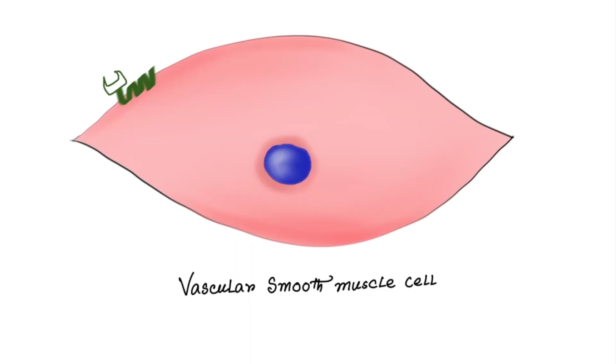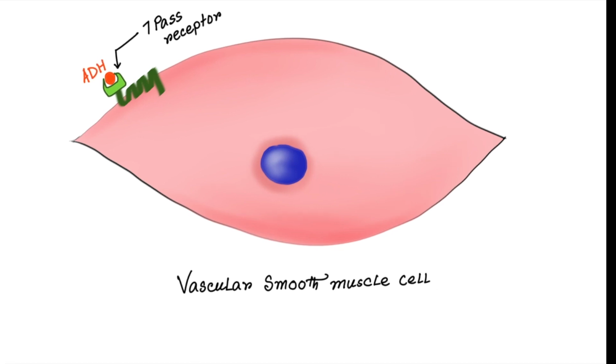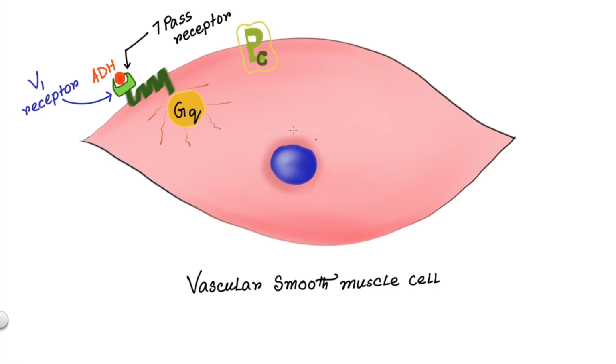Now you can see here it is a vascular smooth muscle cell and here it is the V1 receptor. The V1 receptor is also a serpentine receptor or 7-pass receptor. As soon as ADH binds with the V1 receptor, it activates the G protein coupled receptor. Please remember this time it is Gq, but in case of renal epithelium, it is Gs or G stimulatory.